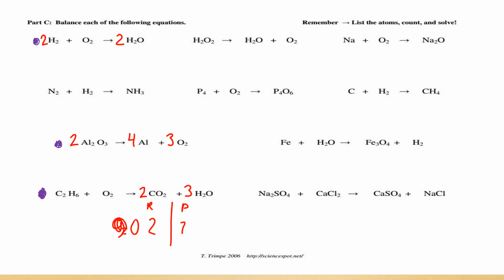Well, the only number that can multiply by 2 to get to 7 would be 3.5, right? I can't have a coefficient of 3.5. I have to have all whole numbers. So what I would do here is double everything.